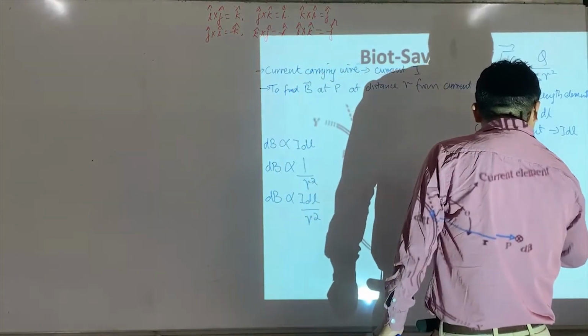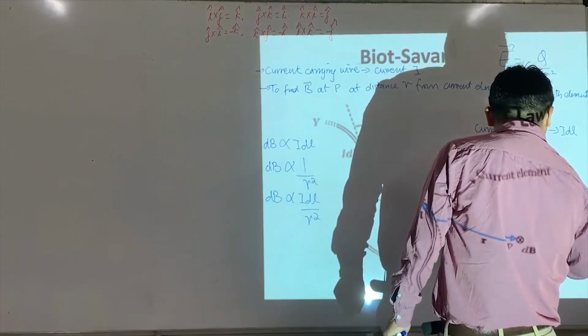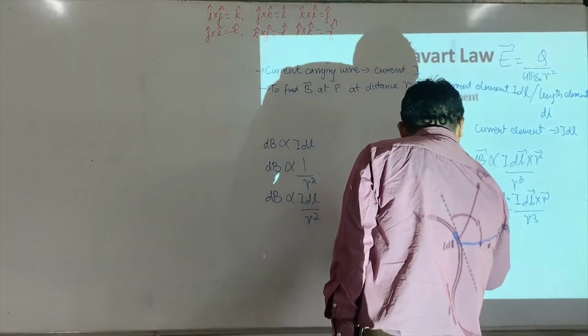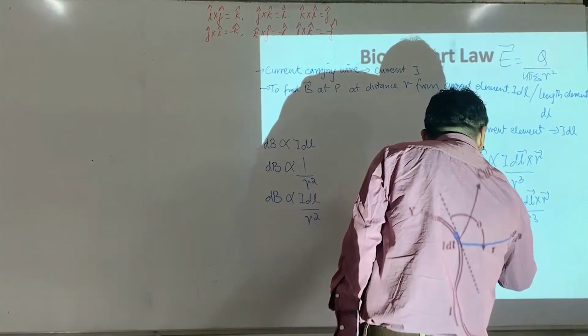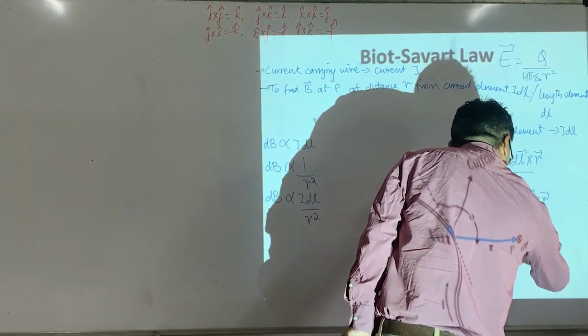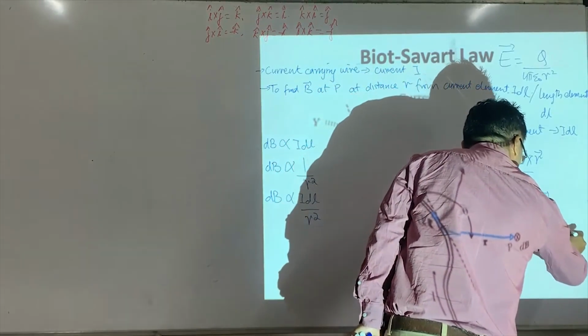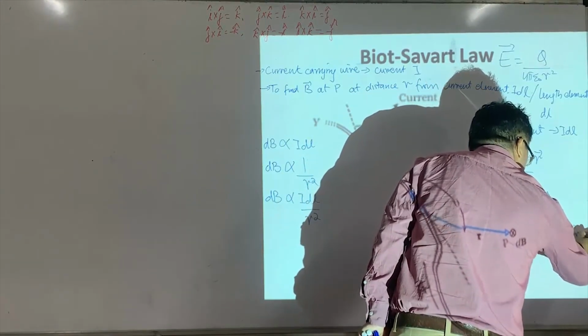This is the complete expression of the Biot-Savart law, where mu naught is the magnetic permeability in free space.